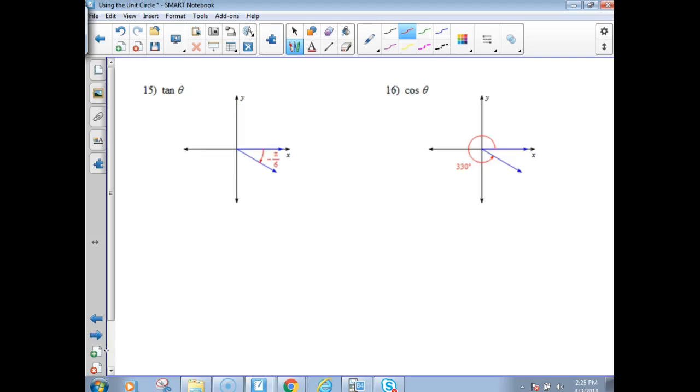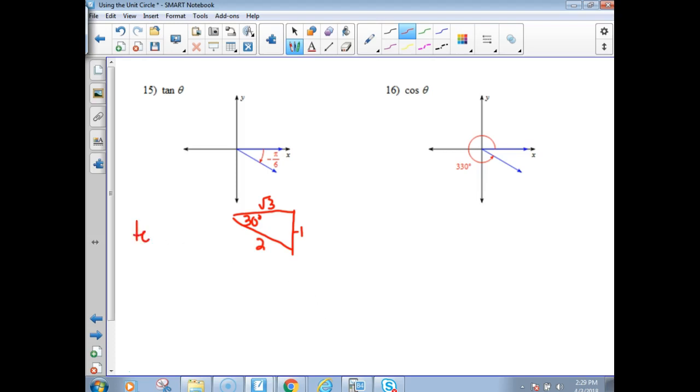Okay, 15, negative pi over 6. Well, that's the same as positive pi over 6 except you're in quadrant 4. Pi over 6 is your reference angle, but if you want to think in terms of degrees, then you would have -1 for your y value, or you'd have the square root of 3 here and 2 here if you're using the special right triangles.